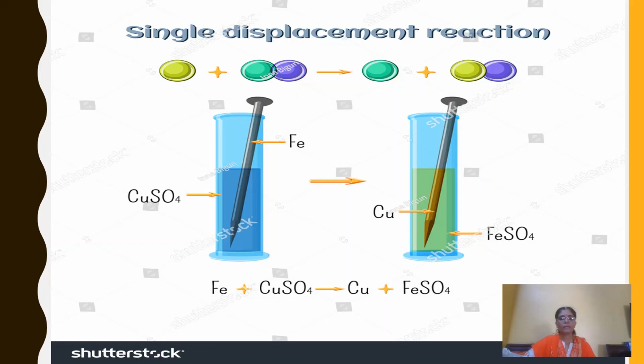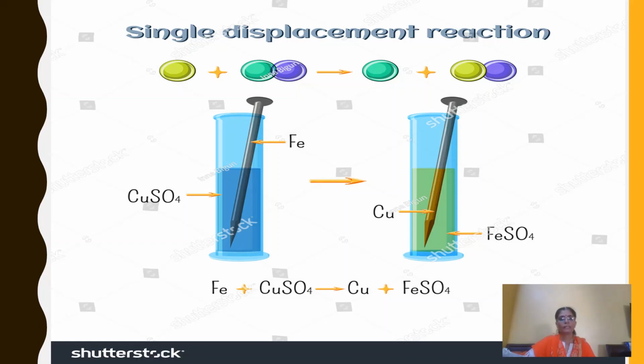When the iron nail is kept in the copper sulfate solution, here we can see that the first jar which has copper sulfate solution is blue in color. When the iron nail is kept in it, it undergoes displacement reaction, as iron is a more reactive metal than copper.